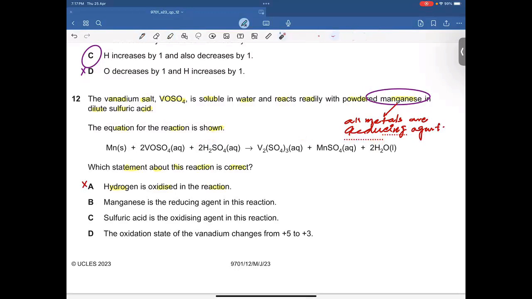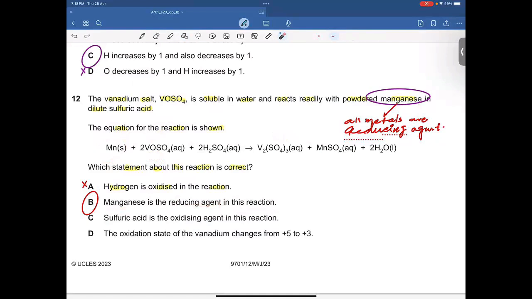Now the next: manganese is the reducing agent in this reaction. That's the right statement from my perspective because all metals are reducing agents, which means manganese is reducing vanadium from +4 to +3, I must say.